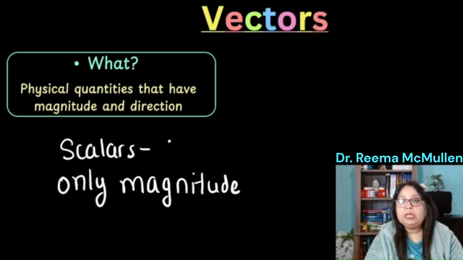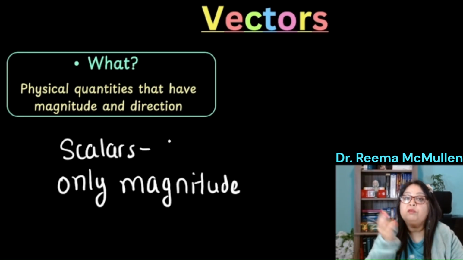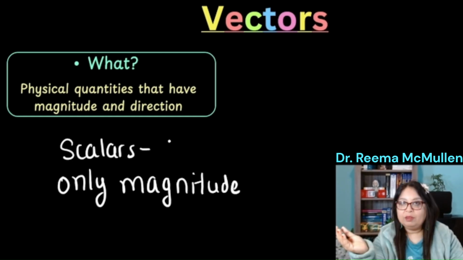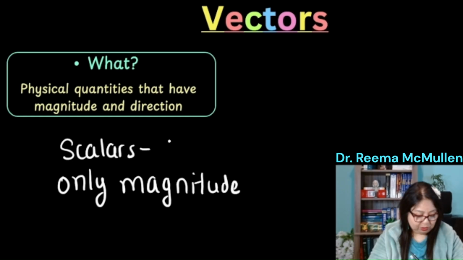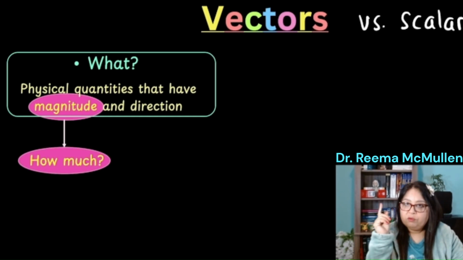While vectors are physical quantities that have both magnitude and direction. Quite simple, I hope. All right. So we said that there are two kinds of quantities, vectors and scalars. They both have magnitude, while only vectors have direction.